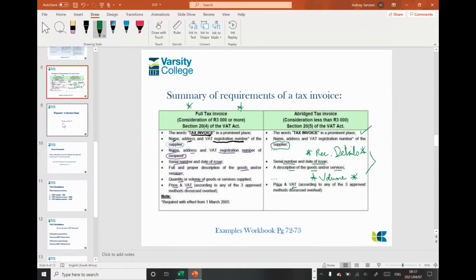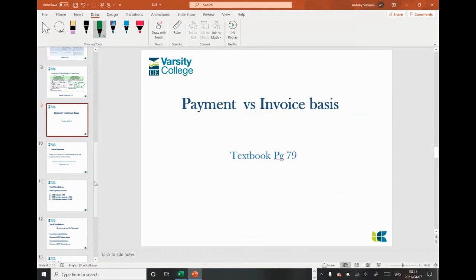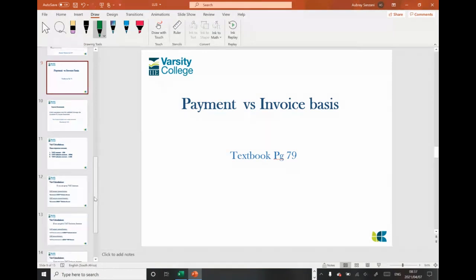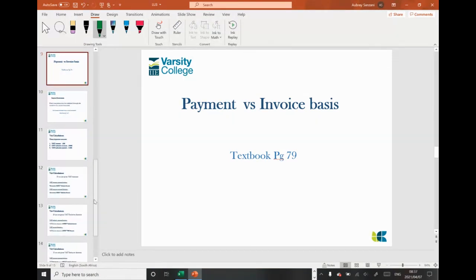Okay. Right. Then the next thing that you get is what we call the two methods of payment. When it comes to that, there are two methods under which you may find yourself operating.